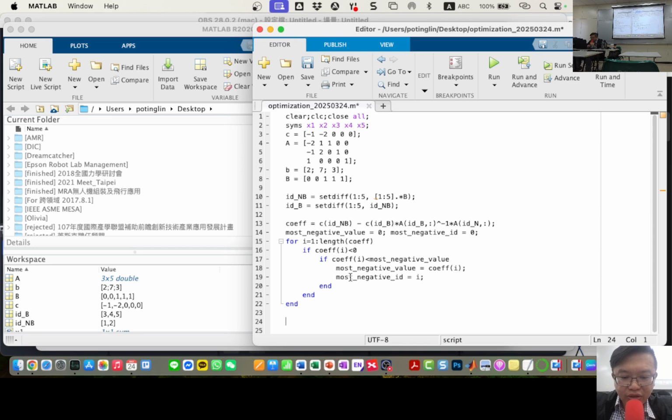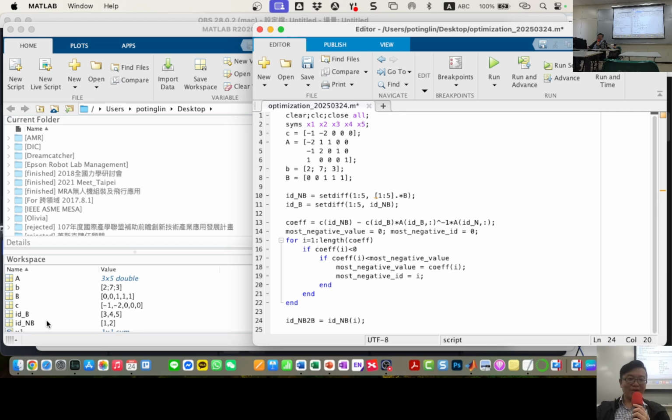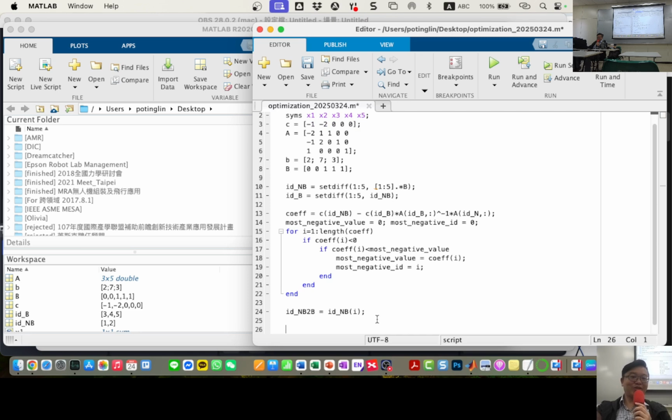So the ID for non-basic to basic equals the ID, the ith one. Yeah, that's it. So if right now my non-basics is 1 and 2, if 2 is being chosen, then the second index will be chosen. Yep, that's the first step.